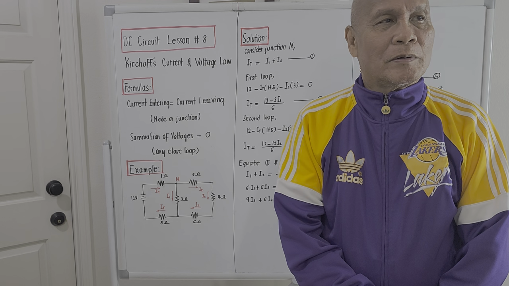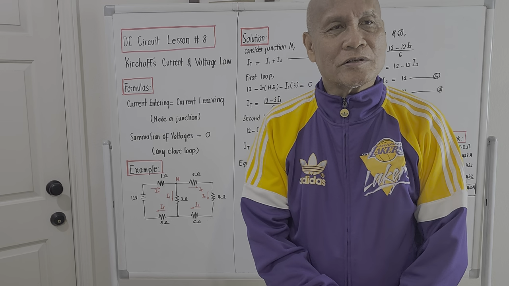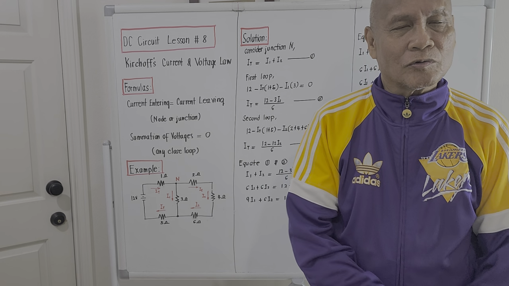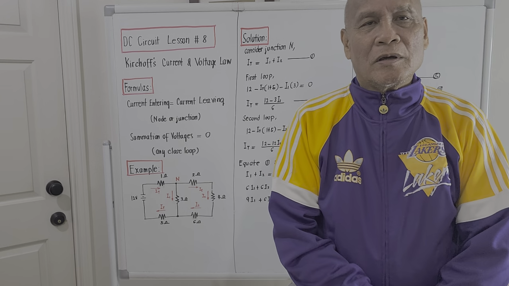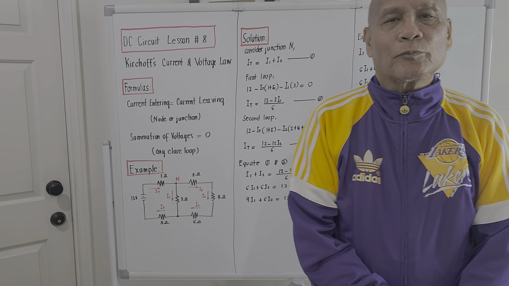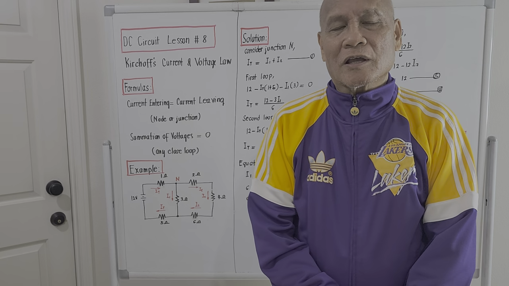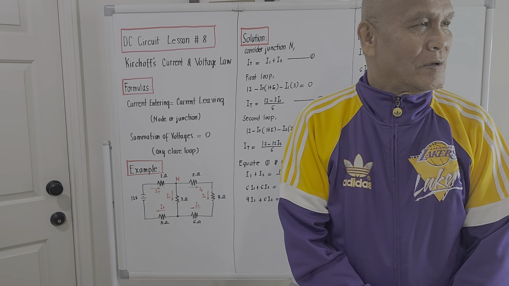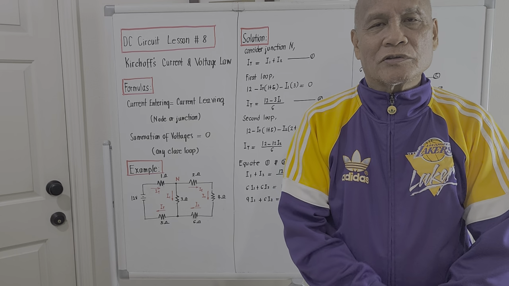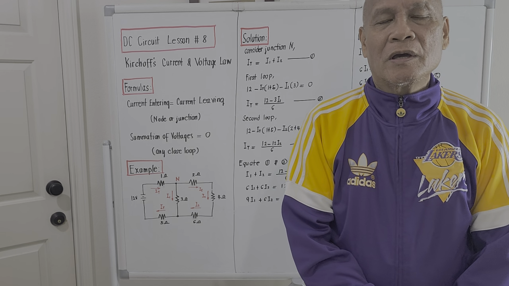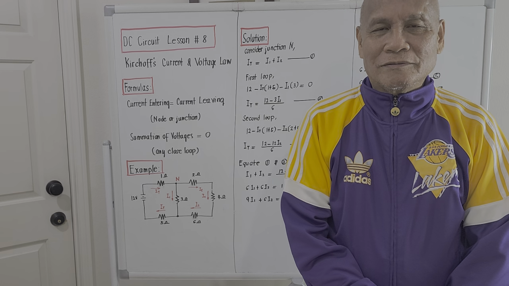For the previous discussions, we've already done the series parallel concepts on how to compute current on a certain part of the circuit. But for tonight, we will be discussing one of the advanced solutions, and that is the computation of the current by using Kirchhoff's current law and Kirchhoff's voltage law.